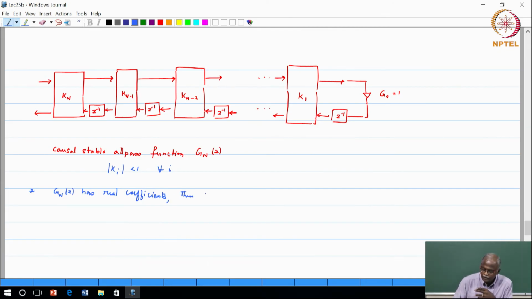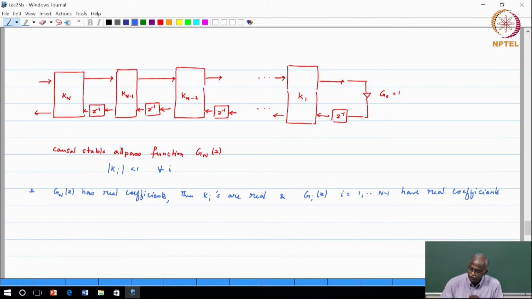Then the Ki's are real, and the lower order polynomials Gi of z, for i equal to 1 through n minus 1, also have real coefficients. So, you can come up with a lattice that has real coefficients everywhere.